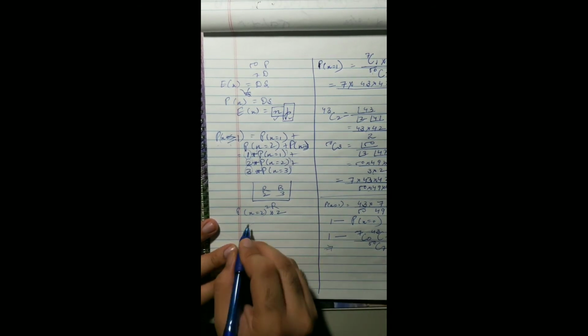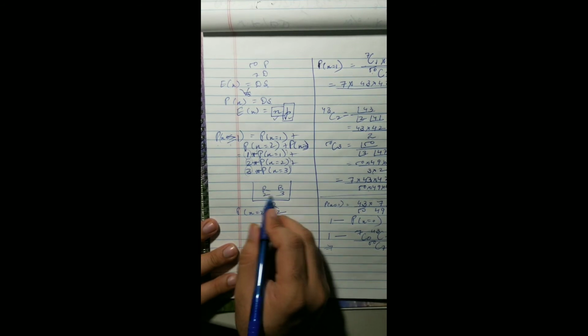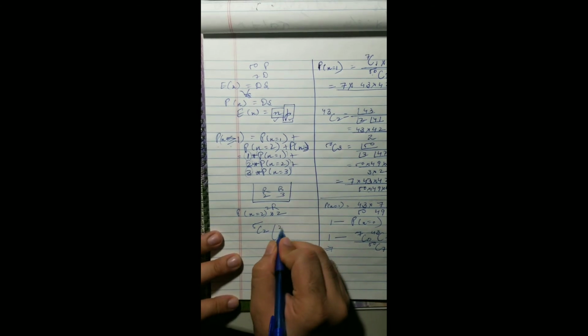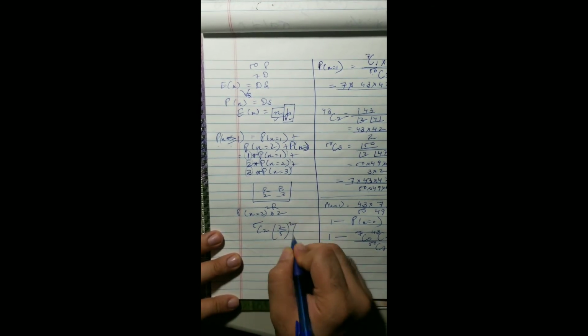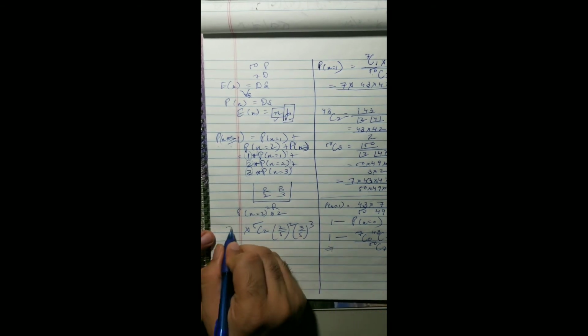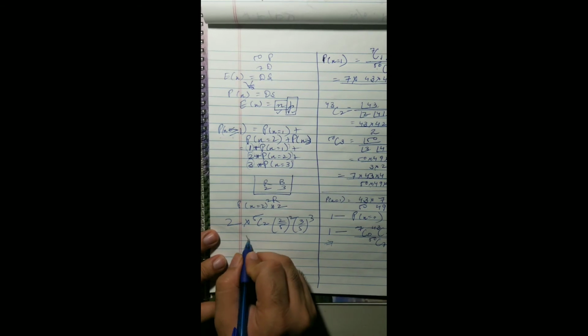Now P(X=2) in this case is 5C2, (2/5)^2 into (3/5)^3, whole multiplied by 2. I'll solve this for you.